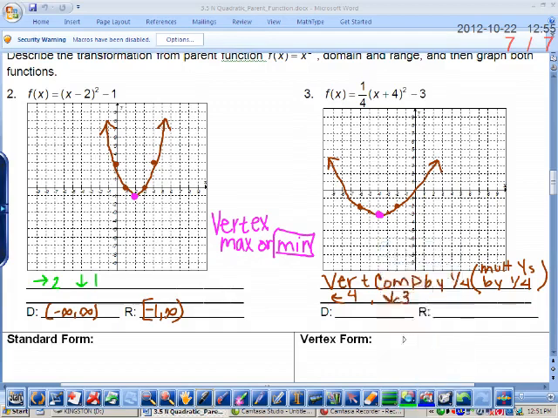All right, these points. What do we call those? Okay, that's one name. There's 3 more. X-intercepts, good. Solutions. 2 more.